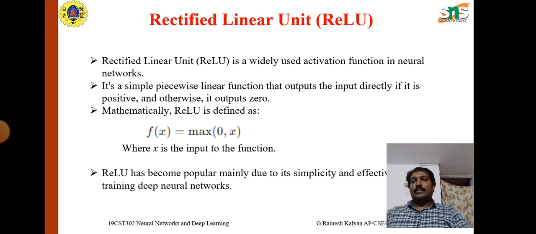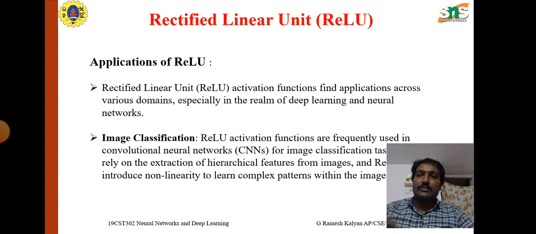The mathematical representation is f(x) = max(0, x), where x is the input to the function. The rectified linear unit is most popular for its simplicity and effectiveness in training deep neural networks.